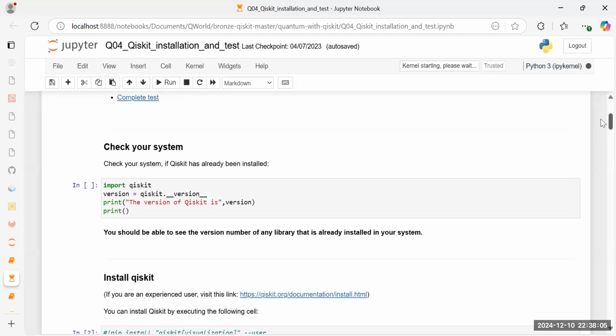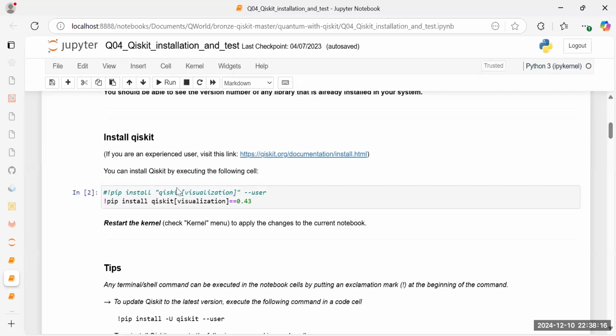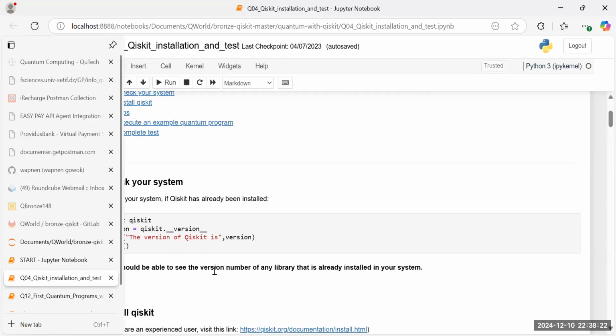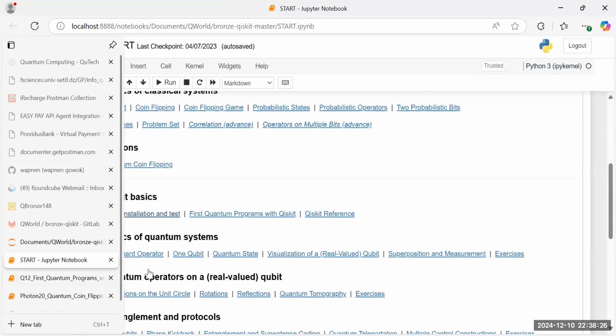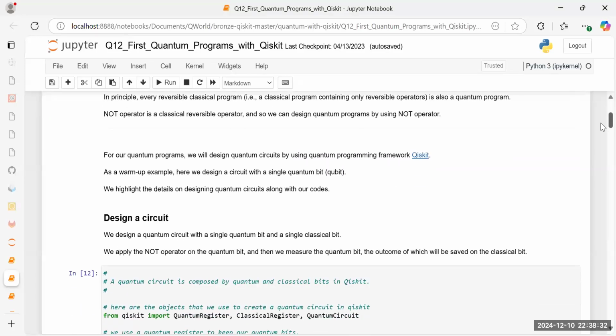In case you haven't installed Qiskit, there is a notebook here for that. You can run the cell you see here to check if your system has Qiskit, and you can run the next cell to actually install it. Once you're done installing Qiskit, you can head over here to running your first quantum programs.